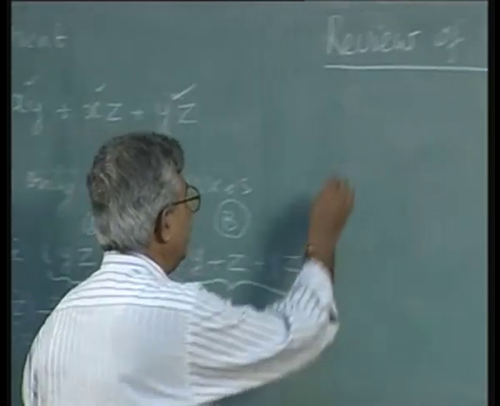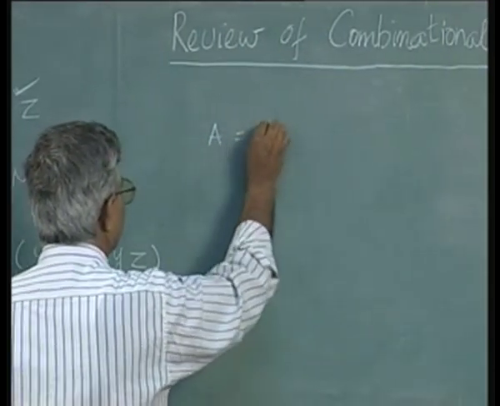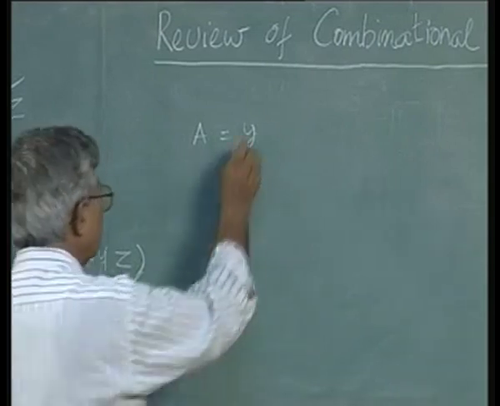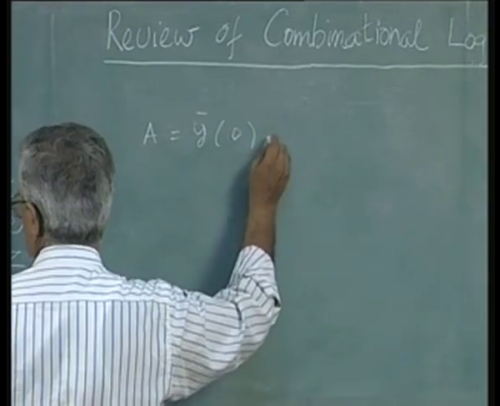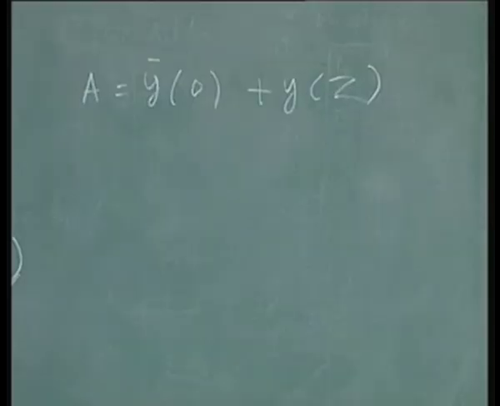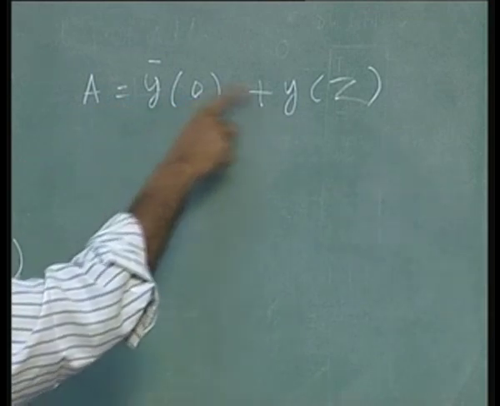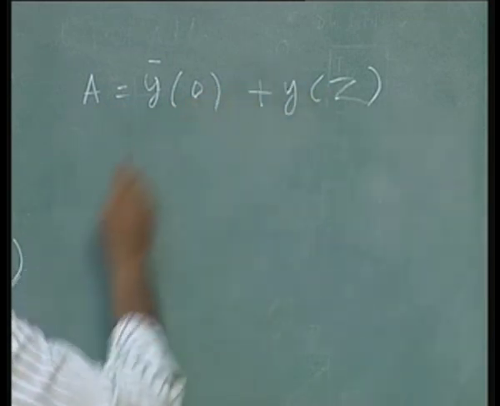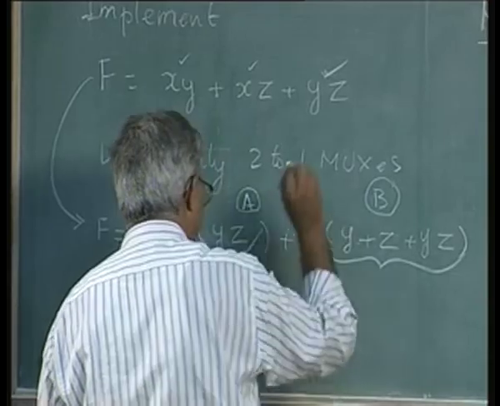So, I am going to write a as y bar times 0 plus y times z. Is this right? Right, because a is nothing but yz, so it is y bar 0, which is 0, plus yz. So, this term is taken care of completely.